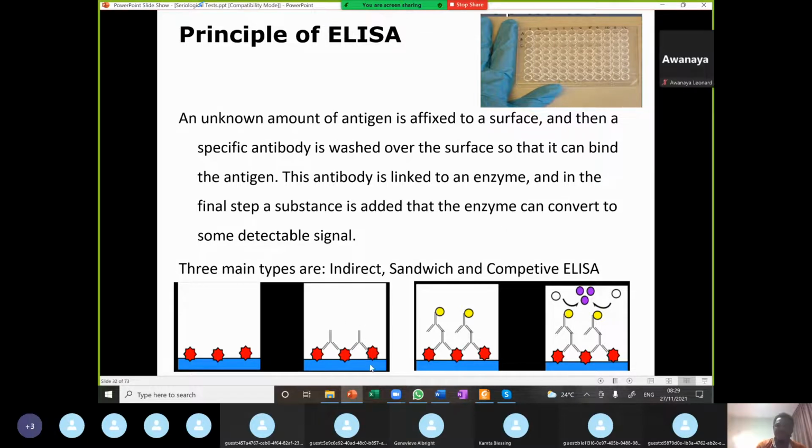These antibodies are added. It is allowed to react. Then a labeled antibody is added, and this antibody binds to the primary antibody.